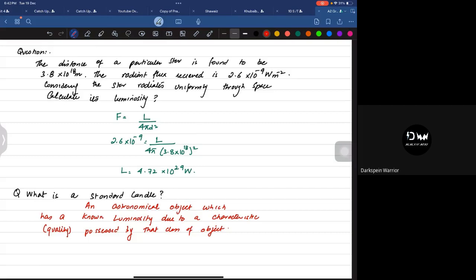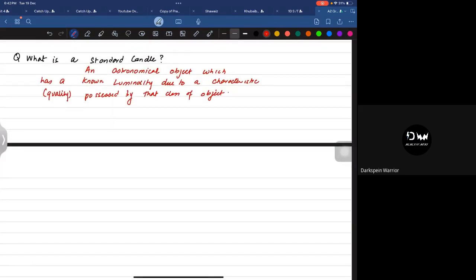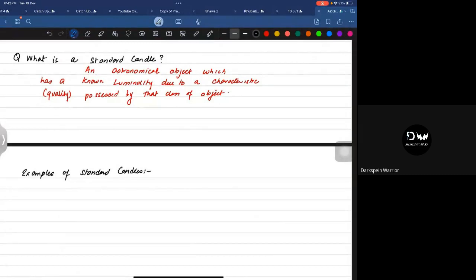Why do we call these kinds of things standard candles? But first we're going to learn about some examples of standard candles. The first one is the Cepheid variable stars.